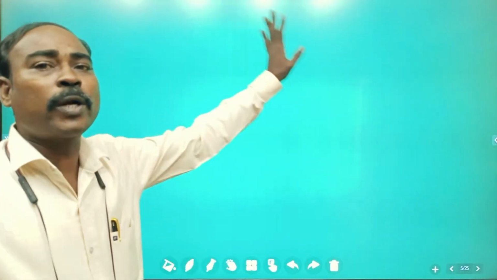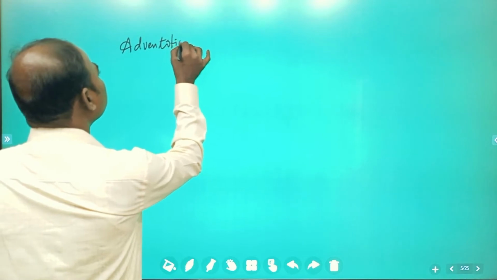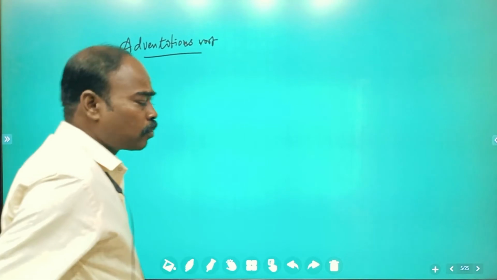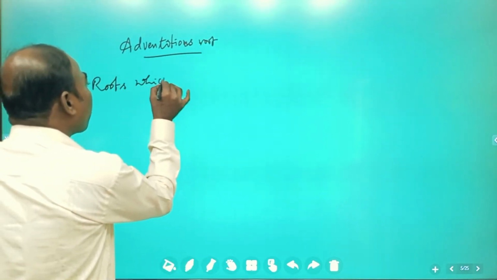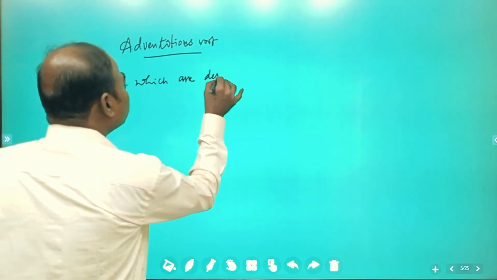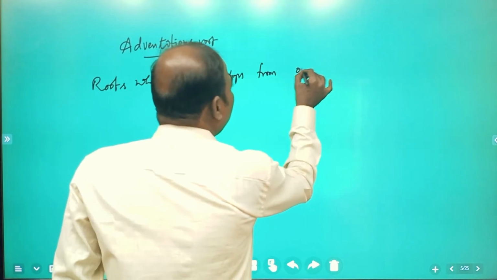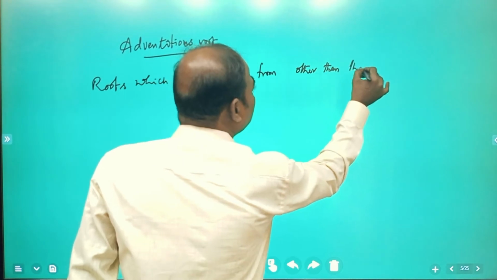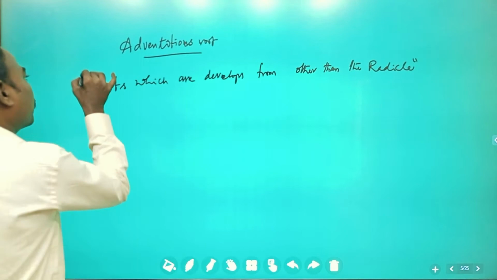Apart from these taproot and fibrous roots, the third type of root system found is adventitious roots. Means the roots which are developed from parts other than the radicle. Very, very important.